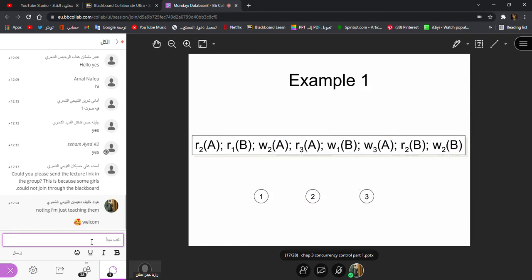A cycle doesn't mean that something like this is a cycle. No, it's just a drawing. Okay, a cycle means you are going from one node, from 1 to 2, and then you come back to that node.